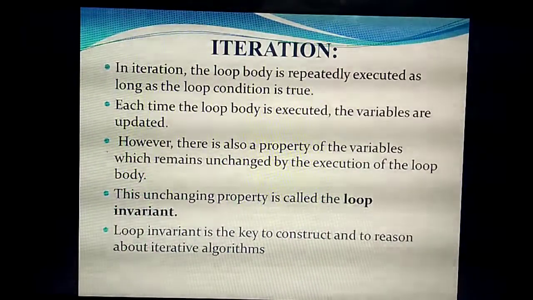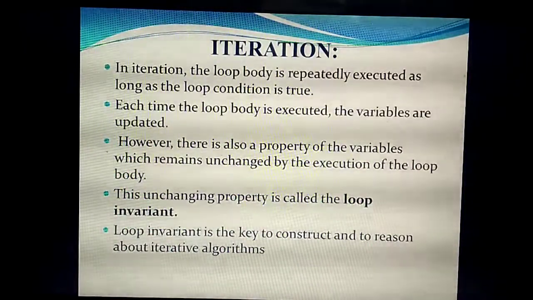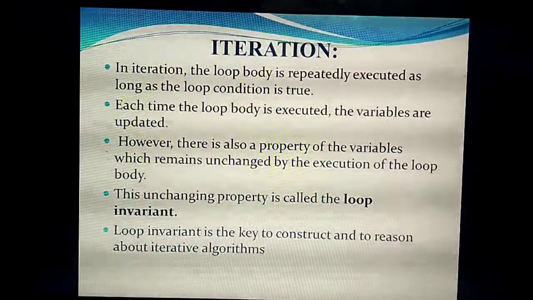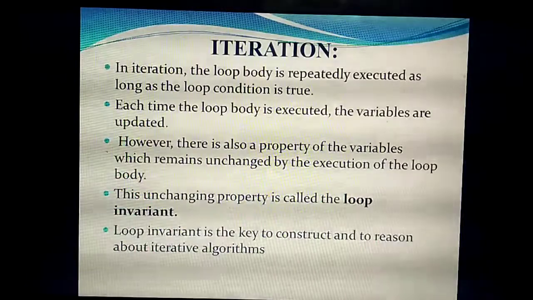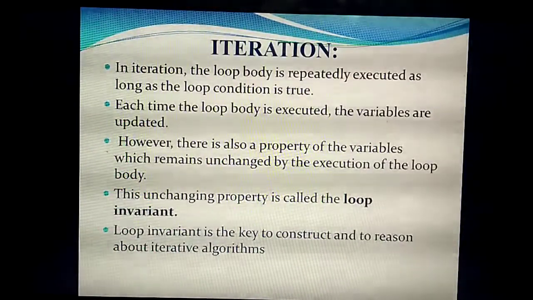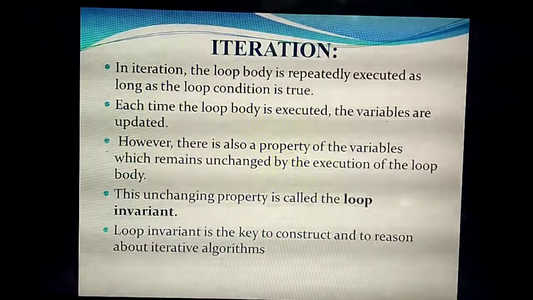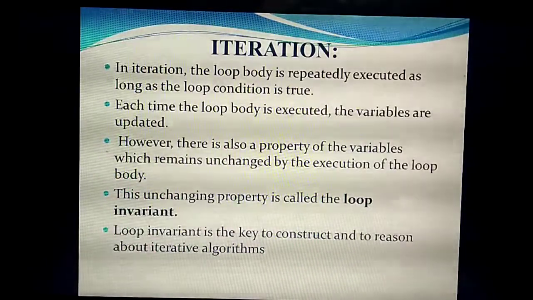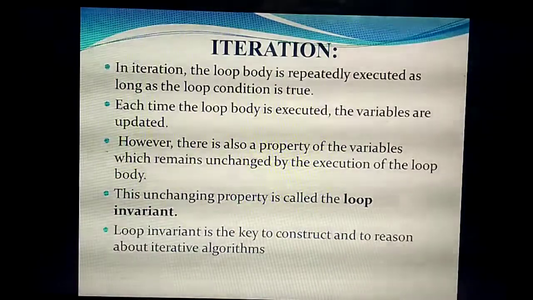Already you have given 5 minutes, the light will show green, and the property is that you need to walk. After execution you can't change it to say green means you need to stop. This unchanging property we are calling a loop invariant. The loop invariant is a very, very important technique for designing iterative algorithms. Understand? A very, very important question: loop invariant.